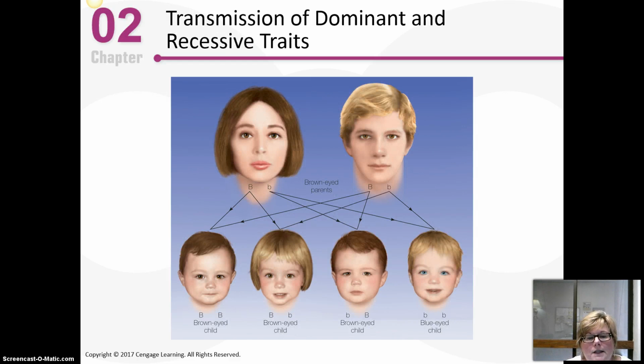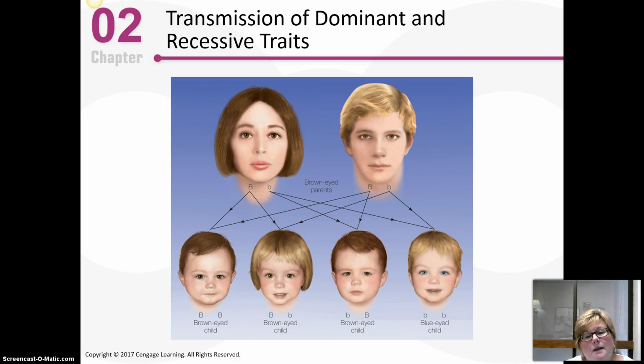So here you see two brown-eyed parents, where the capital B is the dominant and the lowercase b is the recessive. In this case, the capital B is for brown eyes and the lowercase b is for blue eyes, but the capital is dominant.